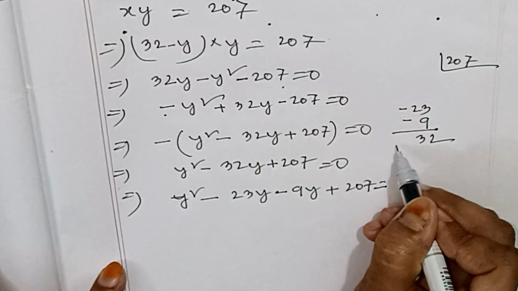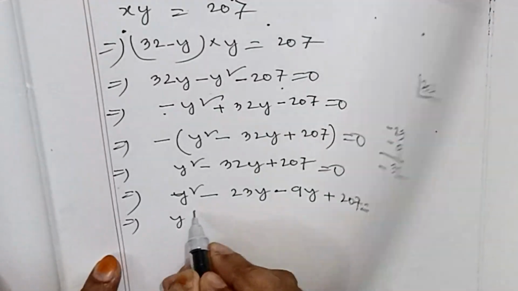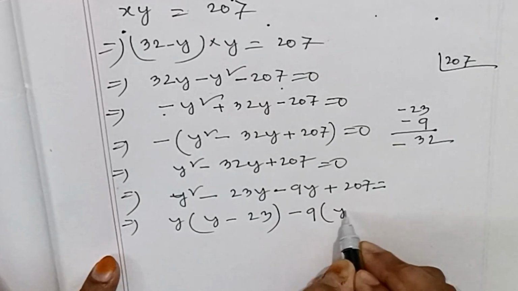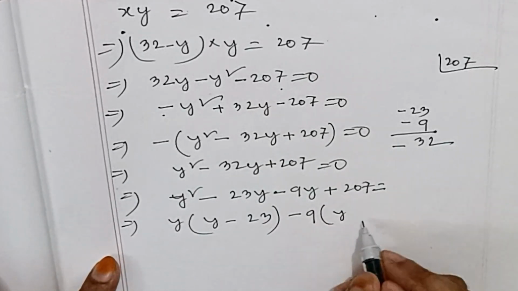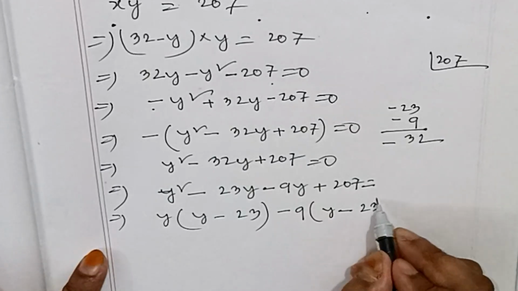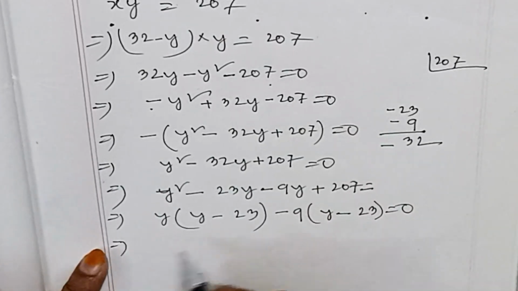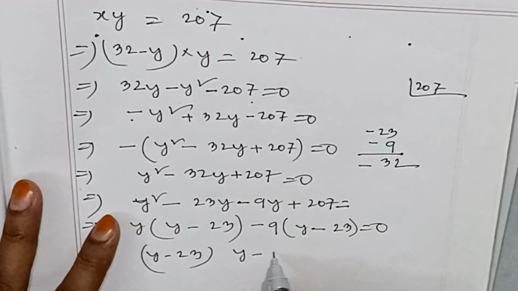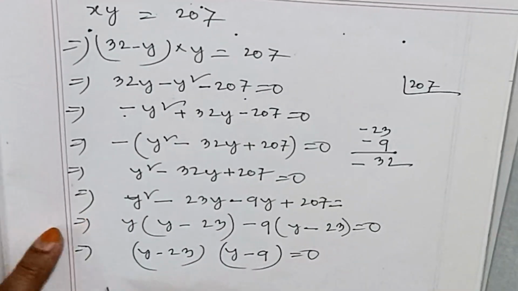So y common here, y minus 23. 9 common here, minus 23 times 9 is 207, equals 0. So y minus 23 and y minus 9, we got here two solutions.